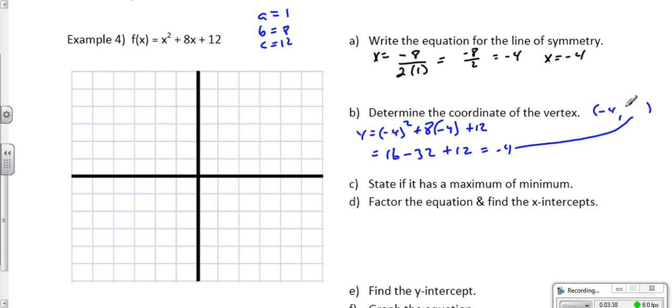So we have -4, -4 for our vertex. Max or min? Well, since A is positive, it's going to open upward, which means we have a minimum.